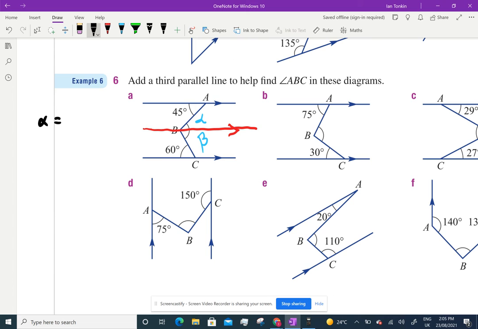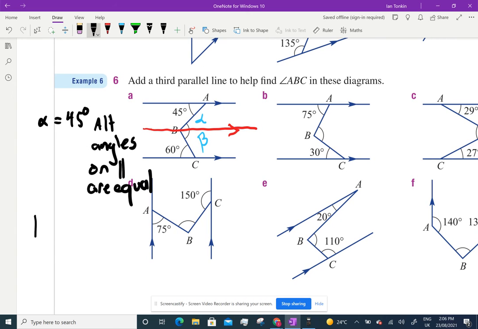Alpha equals 45 degrees, alternate angles on parallel lines are equal. And beta equals 60, for the same reason.